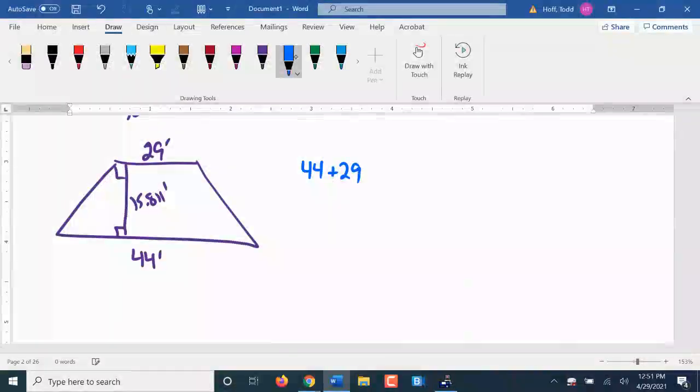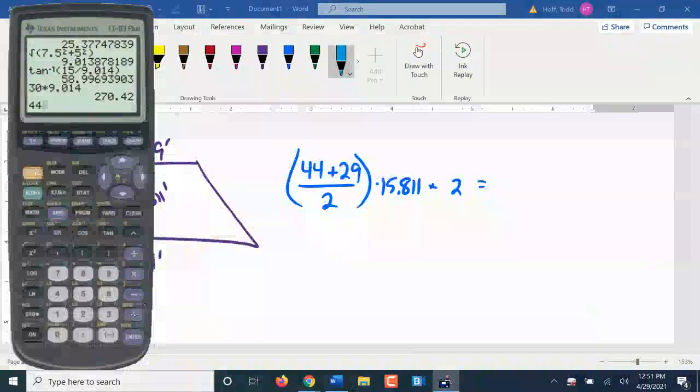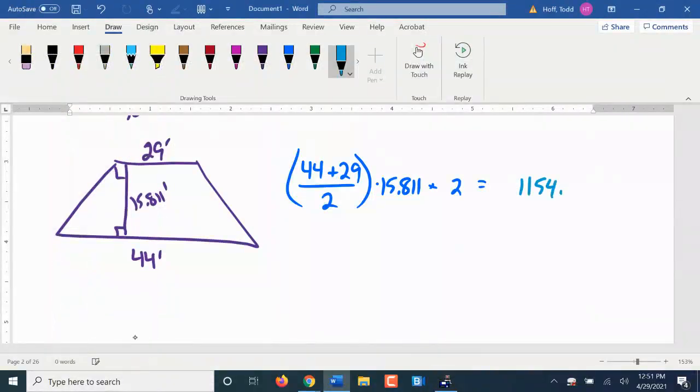So 44 plus 29 divided by 2 times that height of 15.811 and times 2 because there is one on each side of the house, giving us 1154.20 square feet.